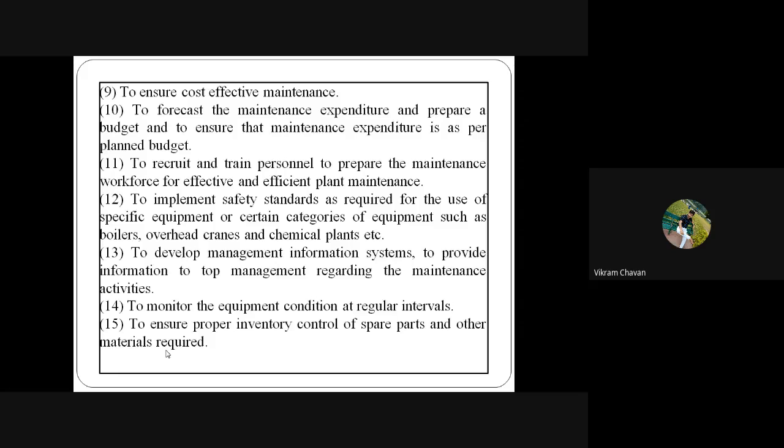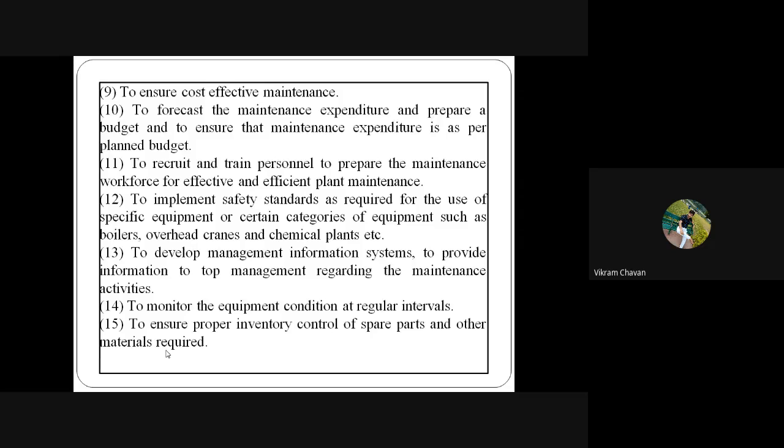Then reporting is another part, where you have to create the information related to maintenance and present that information to the higher management. Then checking of equipment on a regular basis, and maintaining the proper inventory level of spare parts and other required material, like we have mentioned already: nuts, bolts, spanners, whatever you require to do the maintenance, oil, greases.